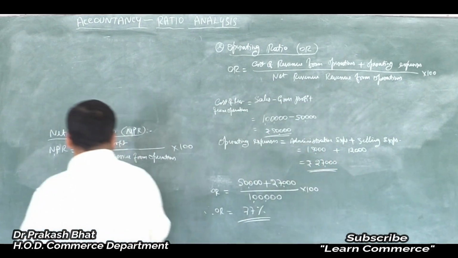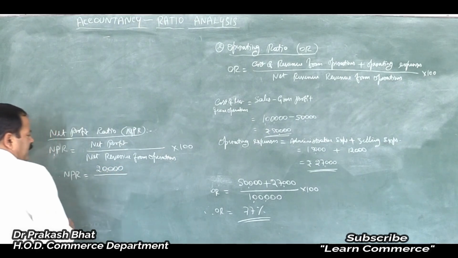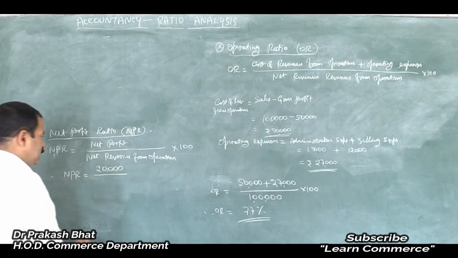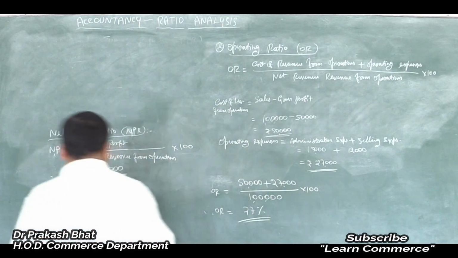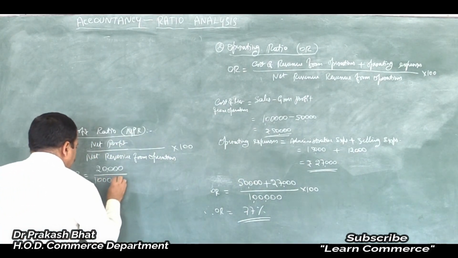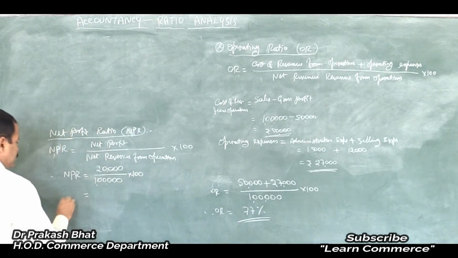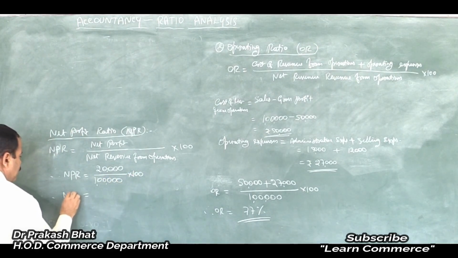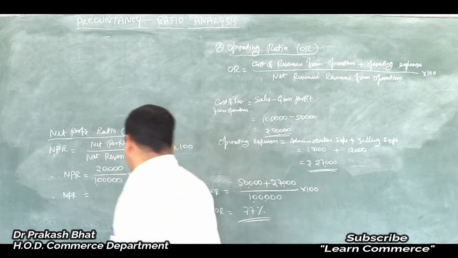Yes. 20,000 divided by net revenue from operations. How much is it? 1 lakh? Yes, it is 1 lakh into 100. Therefore NPR is equal to, how much is it? Is it 20%? Yes, it is 20%.